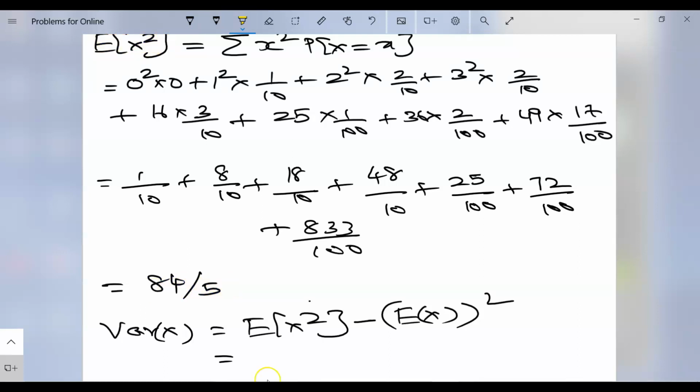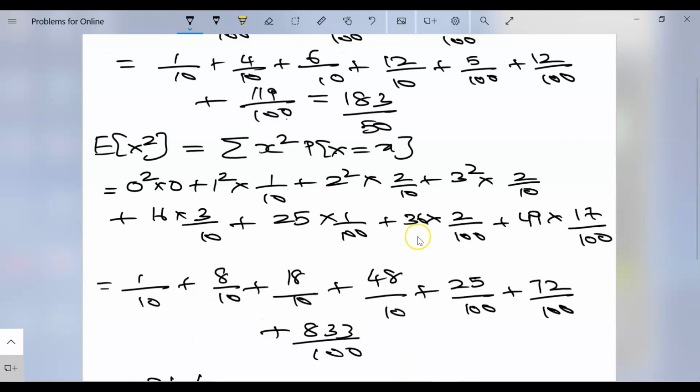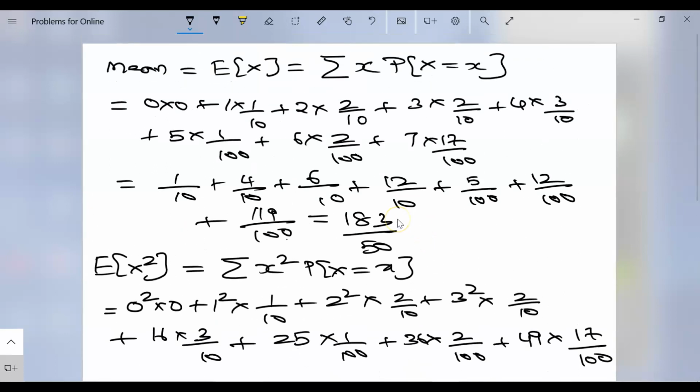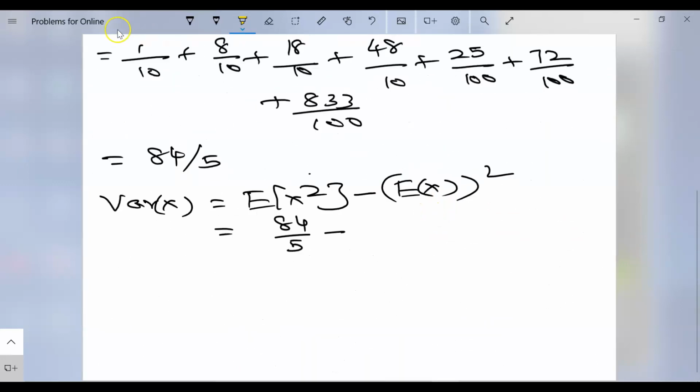So I substitute 84 by 5, minus E of x the whole square. I have already calculated E of x. I will highlight for you. Expectation of x is 183 by 50, the whole square. So I will substitute that: 183 by 50, the whole square.